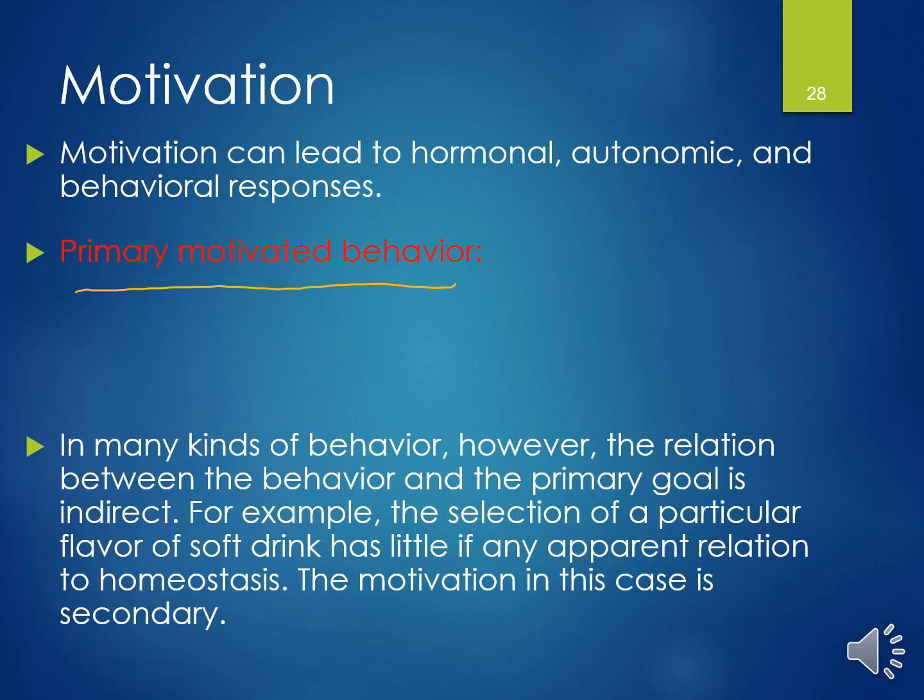So motivation in this case would be secondary. So again, keep in mind that all the decisions that we make are fairly complex in terms of why we do what we do. So, primary motivated behavior would be linked to homeostasis, such as eating, drinking, doing things like that.